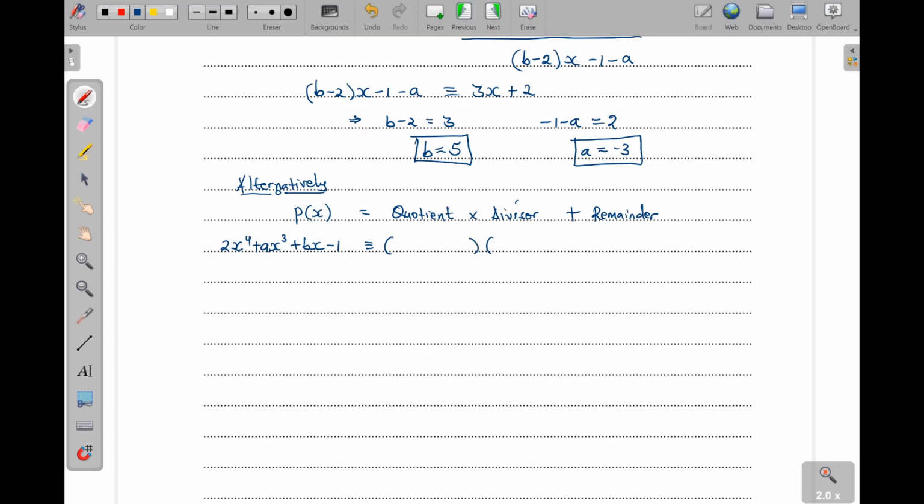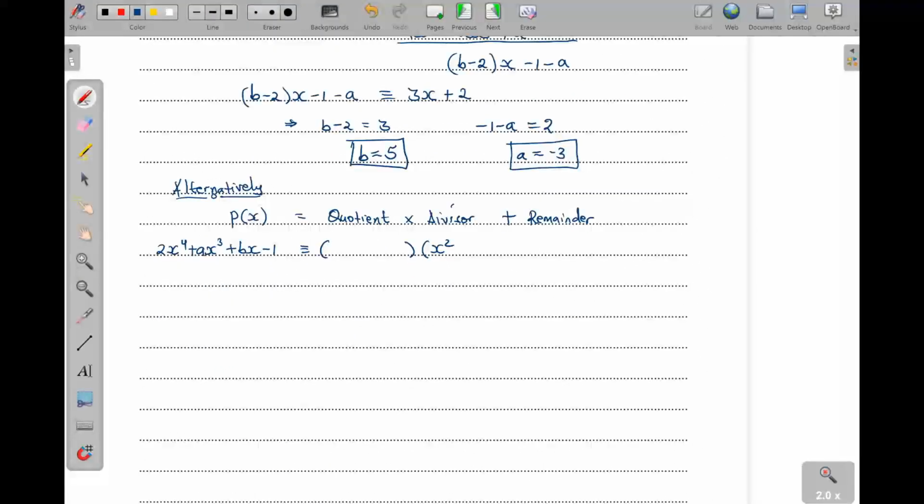But the divisor is x squared minus x plus 1. Then the remainder is 3x plus 2. Now I ask myself, what should I multiply with x squared to get 2x power 4? That one will be 2x squared. So I'll write here 2x squared.